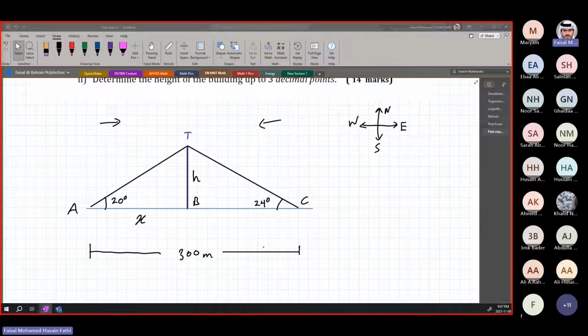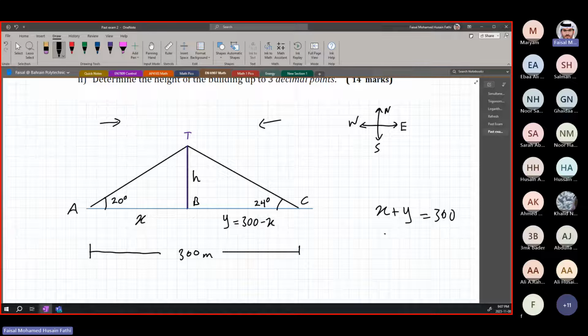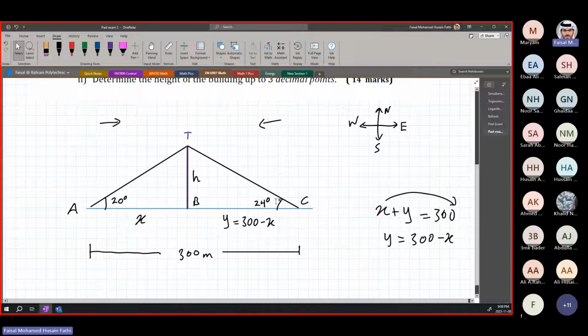If you remember what I said, if one of them is x, then this one, y, is simply 300 minus x. Why? Because x plus y must equal 300, it's the total distance. So I'm just identifying the variables I'll have so we can solve these two triangles.